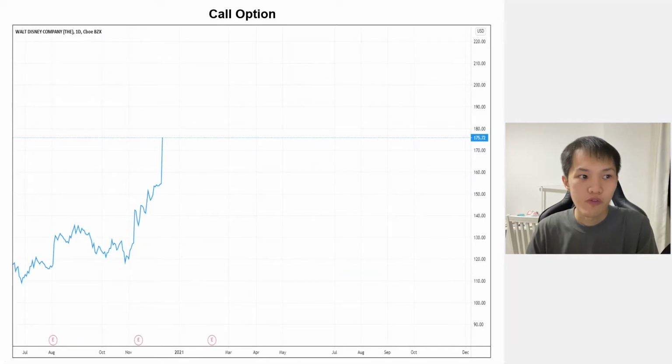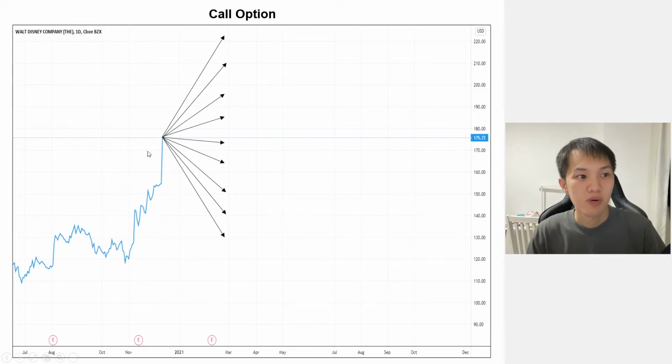I think it would be helpful if I give a diagram here to help you understand how option valuation works. This is the price of the Walt Disney Company. The stock price will fluctuate, and let's say it stopped here, and currently the price is $176. It just spiked up recently because of good news from the streaming business.